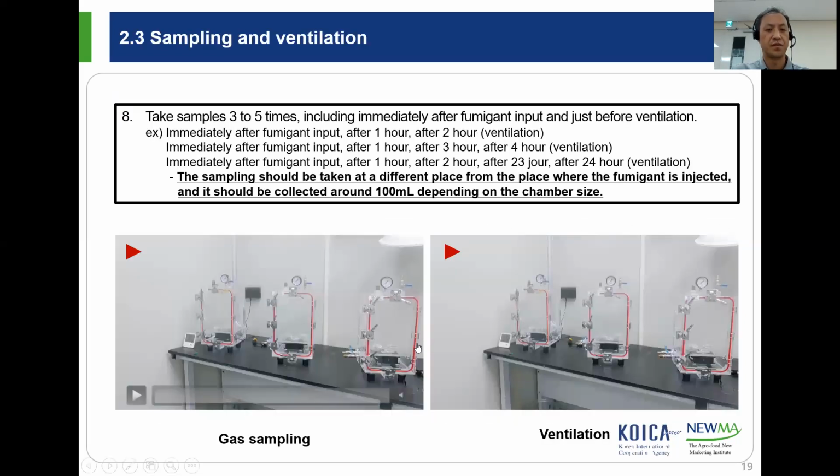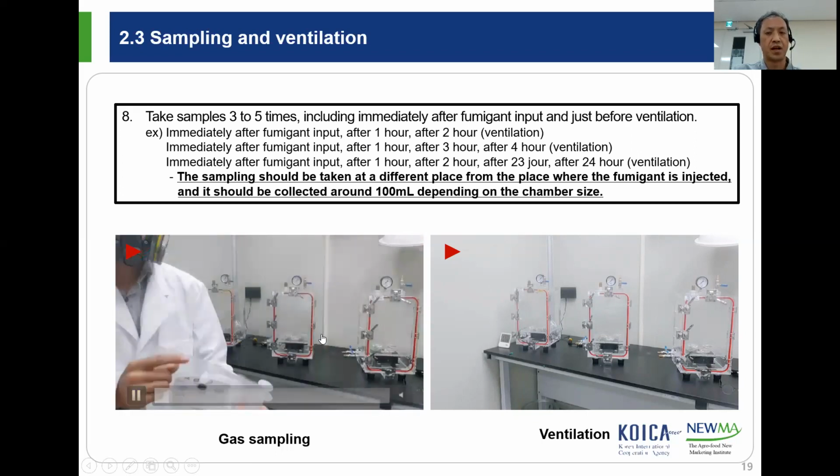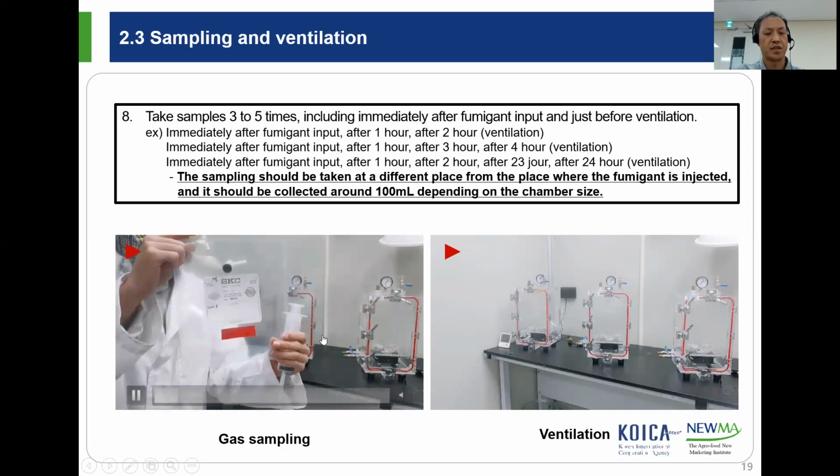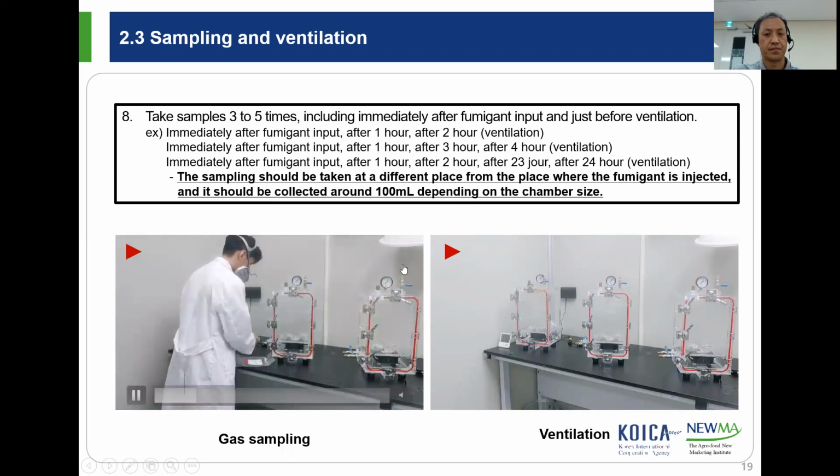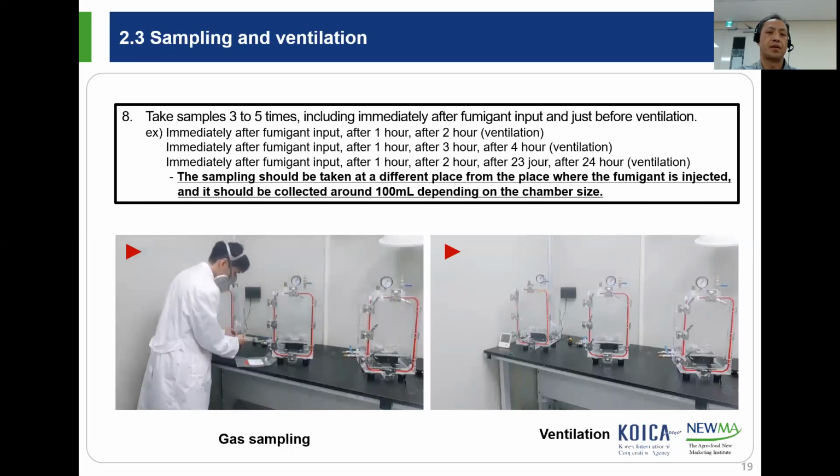After injection of fumigant, take a sample 3 to 5 times with a Tedlar bag, including immediately after the fumigant's input and just before ventilation. This one is the specialized fumigation chamber.